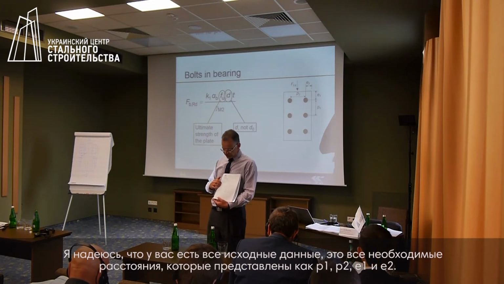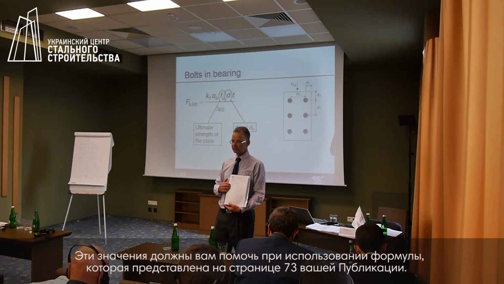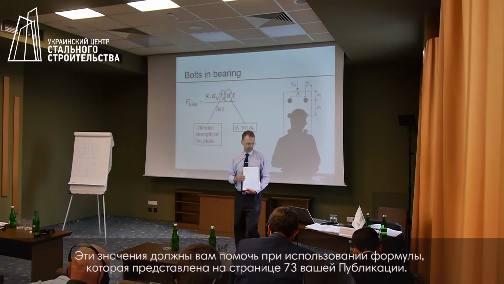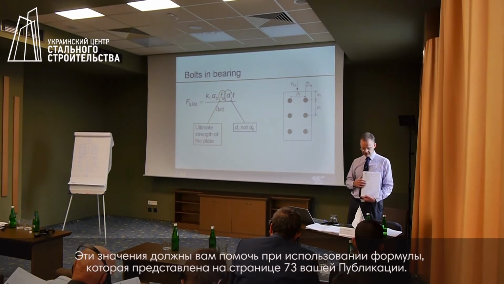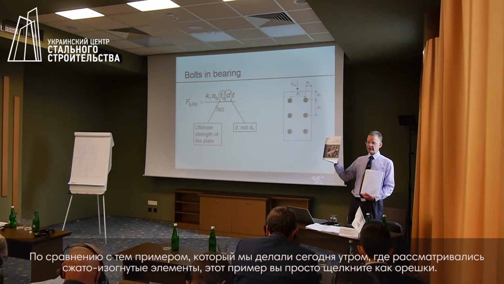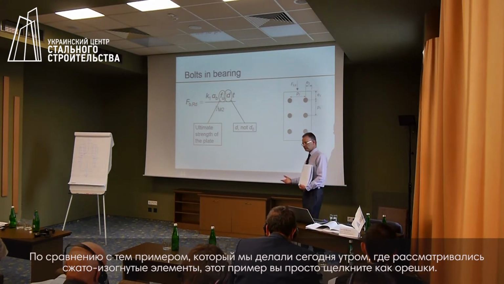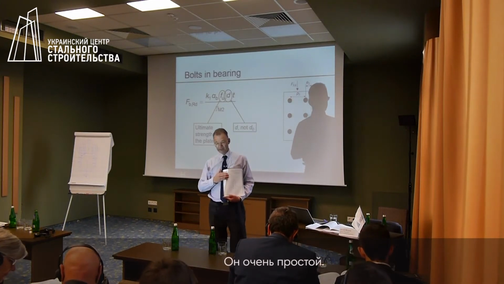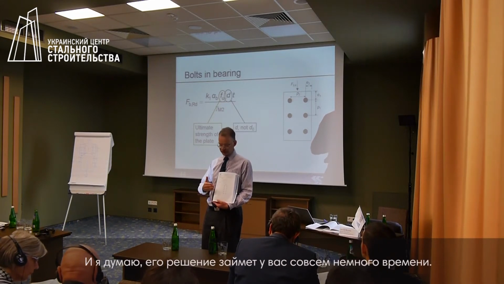The dimensions are described as P1 and P2 and E1 and E2, so that should make it easy to use the formula. And you will find the formula on page 73 of this guide. Now, compared to the example that you did this morning of a member subject to compression and bending, this is really easy. So I do not think it would take you very long.